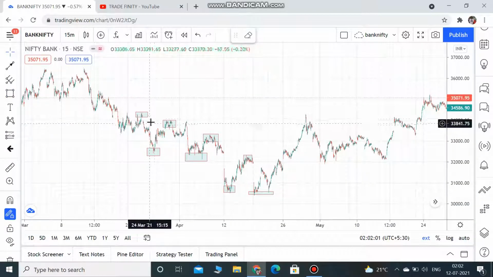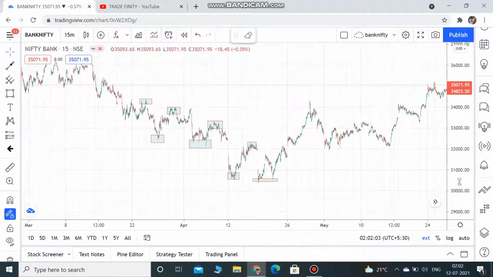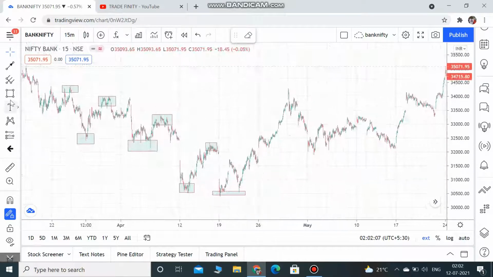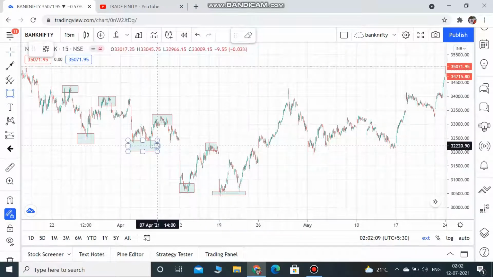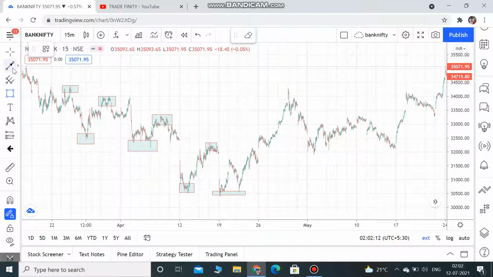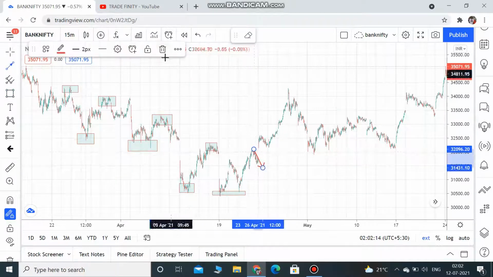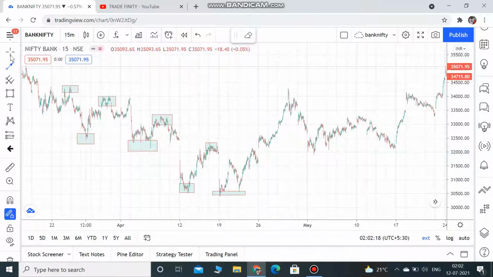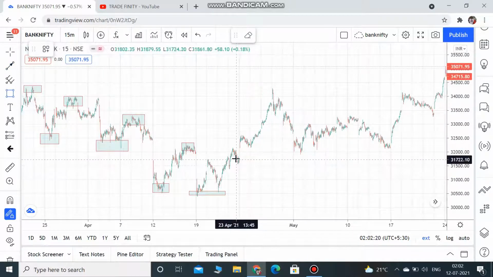When I see all these are good resistance and supports, once it broke here, see again, I will want to short at this position, but I was unsuccessful here, right? So I will mark this particular position.